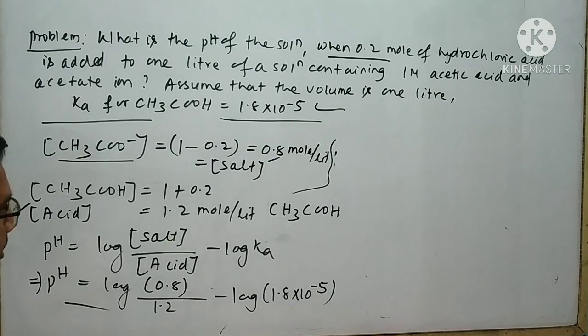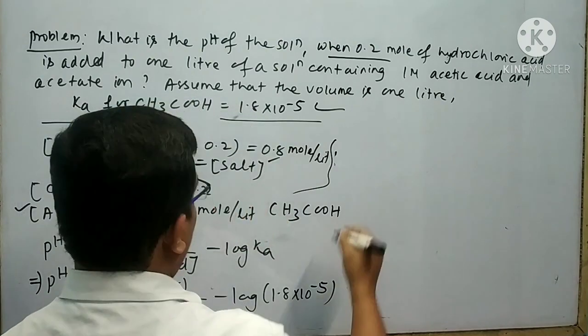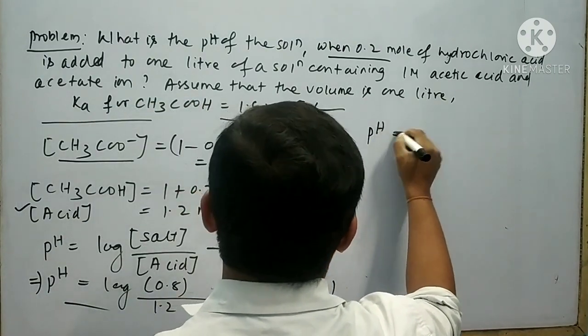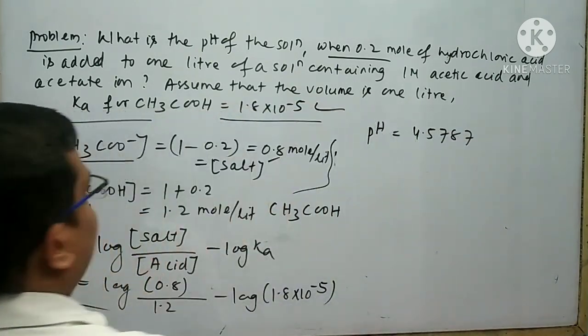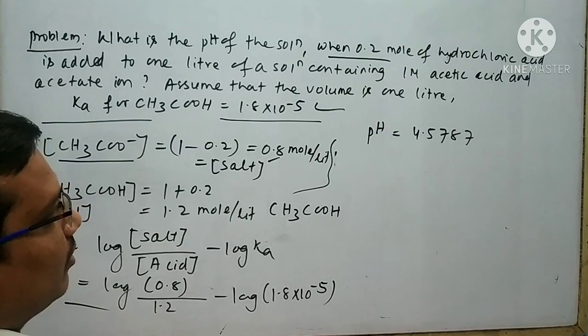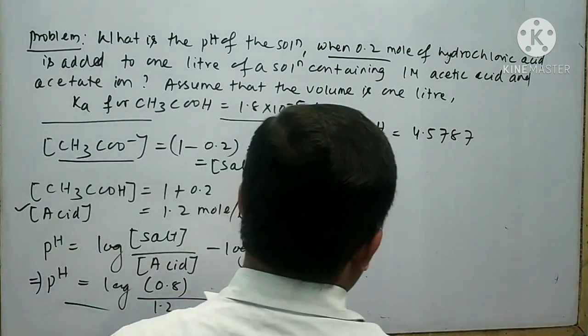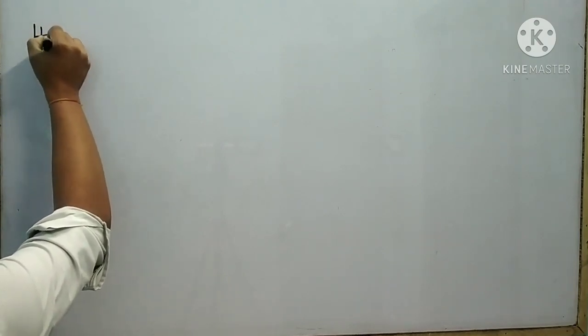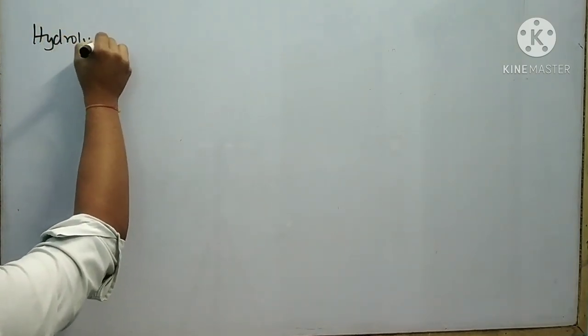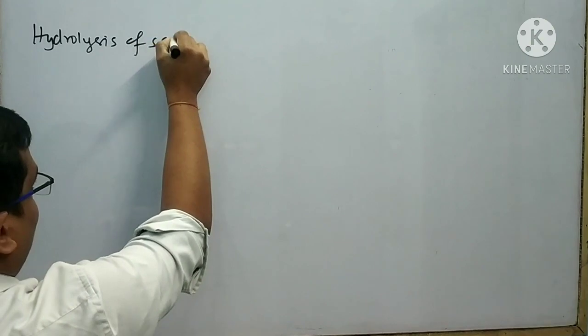After solving this equation, I can write pH equals 4.5787. In our question, find out the pH value. So the pH value is 4.5787.